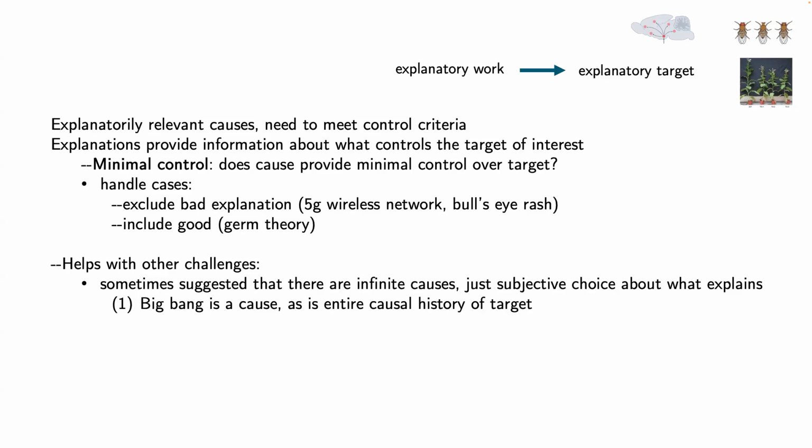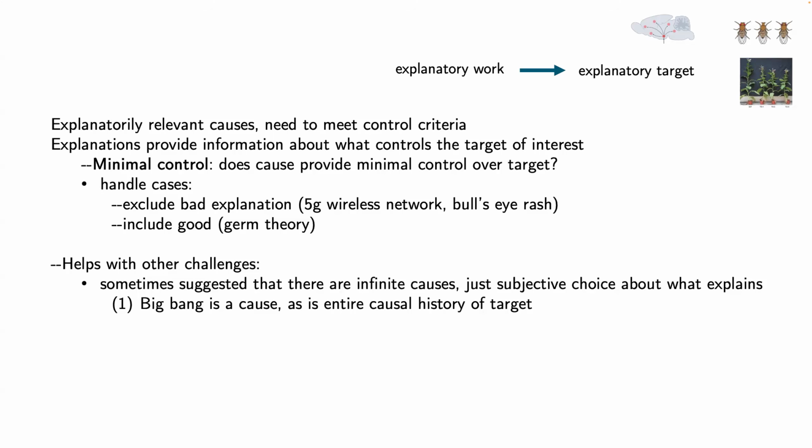Now, when we hear that standardly, it sounds silly. If I went into the hospital and wanted an explanation for my asthma, and a healthcare practitioner tells me the Big Bang is one of the causes that explains it, I would find that to be problematic and not a good explanation. But philosophers have gotten hung up on this as a problem.